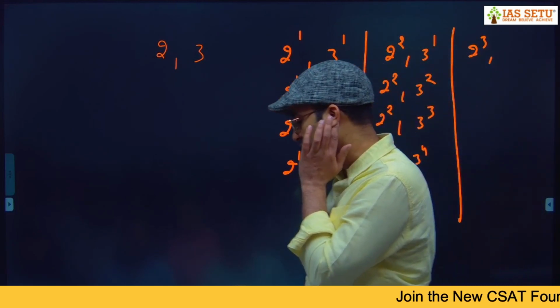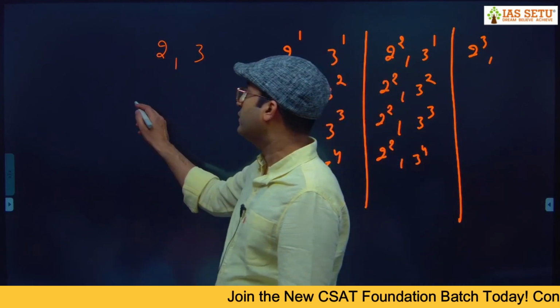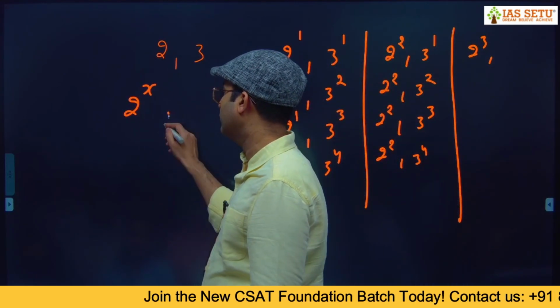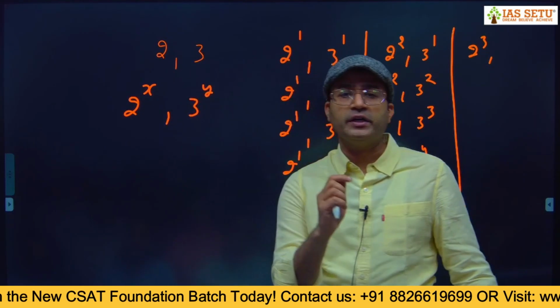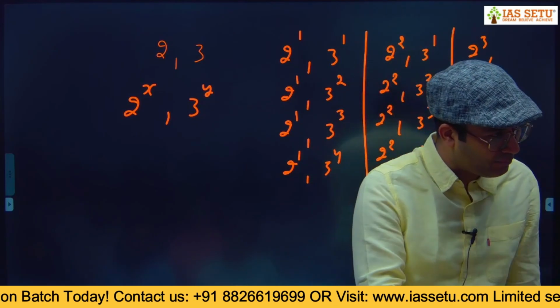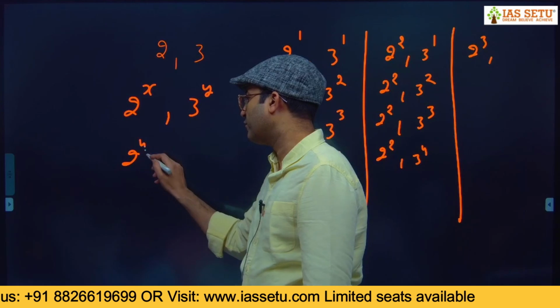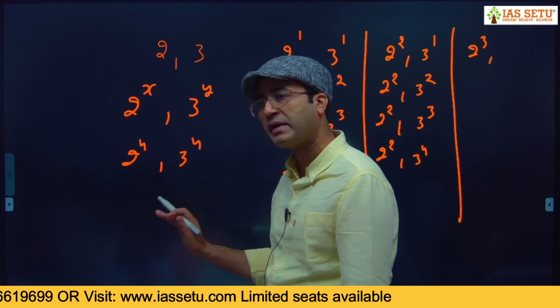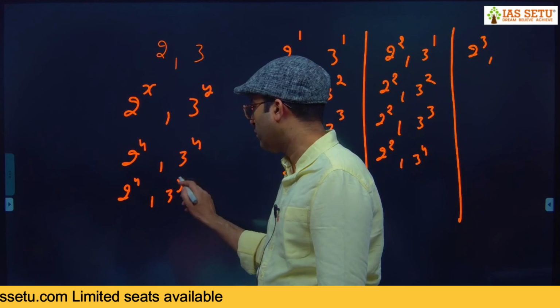So meaning, if 2 and 3, the base values, are co-prime, then 2 to the power x will always be co-prime to 3 to the power y, where x and y have to be natural numbers. x and y can be same, can be different. Here 2 to the power 4 and 3 to the power 4 are co-prime, yes. 2 to the power 4 is co-prime to 3 to the power 5, yes.